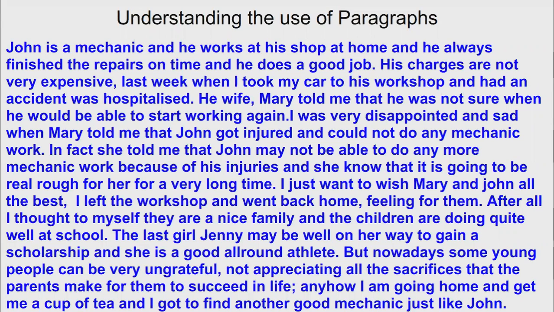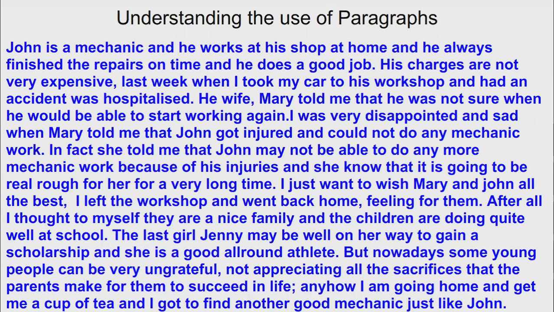So, new paragraph. Last week, when I took my car to the workshop and John had an accident. Remember, you have to say John had an accident and was hospitalized. So let's make some sense out of this because we're talking about not being ambiguous. So last week, I would not put the word when in.